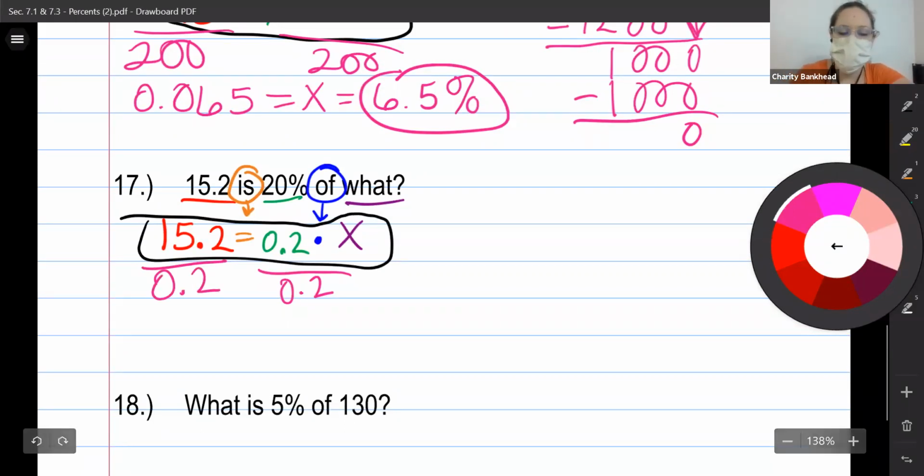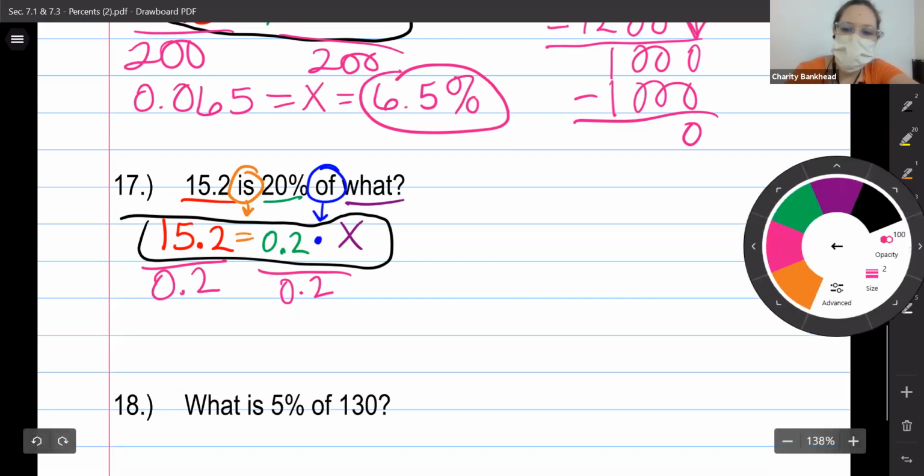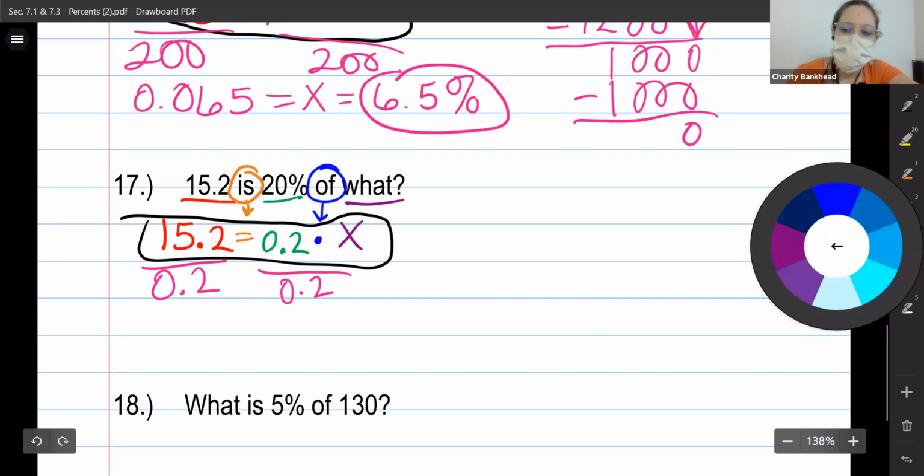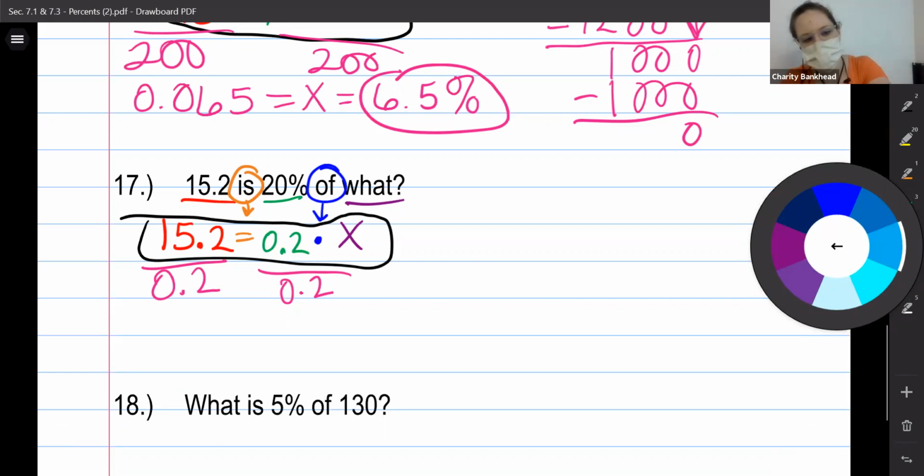All right, so when I'm dividing, the number that I'm dividing by has to be a whole number. So 0.2, I need to move the decimal point one time to the right to make that into a whole number, which means the other number that's getting divided into also has to move that decimal point one time to the right.